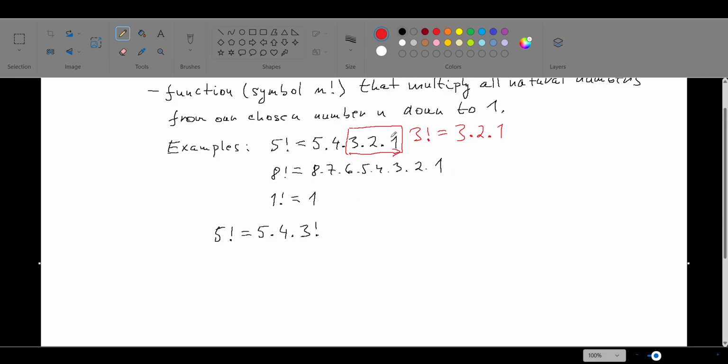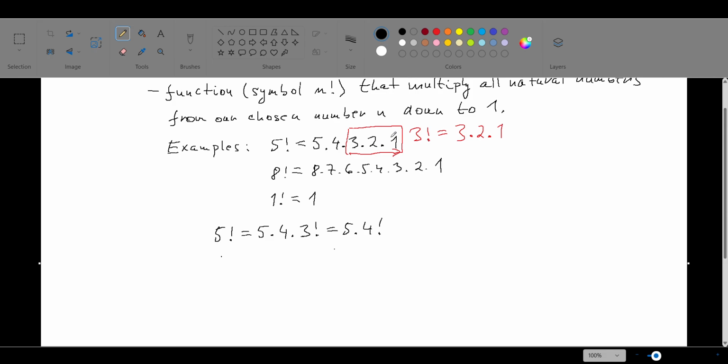The same thing applies if you want to write 5 factorial by using 4 factorial. Then it's 5 times 4 factorial.